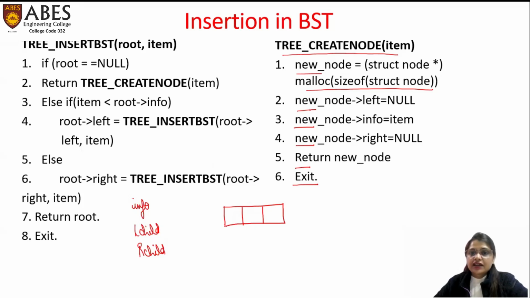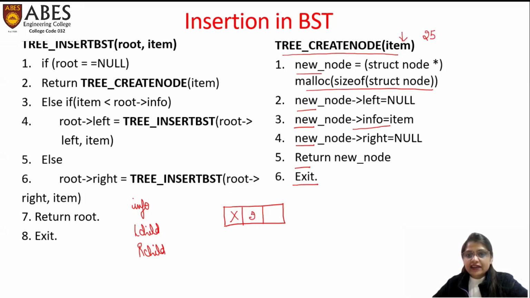Then what are we doing here? We are assigning new node left is equal to null, because we are just creating a single new node which does not have any further child. In the next step, I have assigned new node info is equal to item. Let us assume the value given by item is 25.